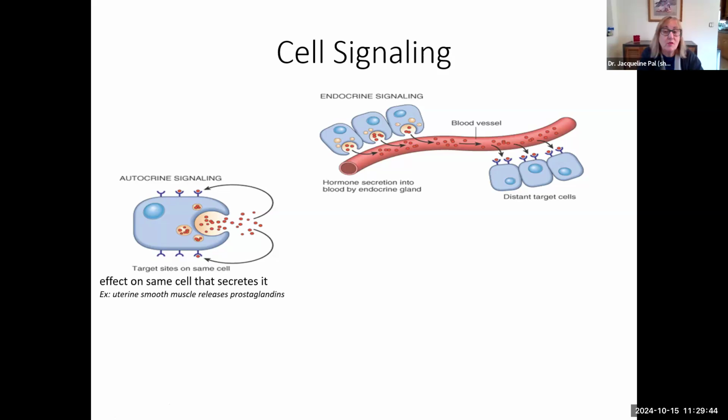Ladies, the smooth muscle of your uterus is an example of this. When you're having your menstrual cramps, the smooth muscle is releasing prostaglandins. These are hormones, and the target cells are the smooth muscle of your uterus. Okay. So if you're taking Tylenol as pain relief, you're only blocking the pain.